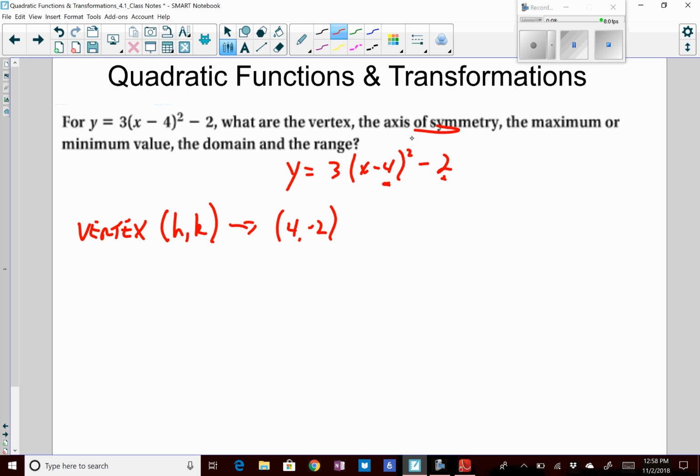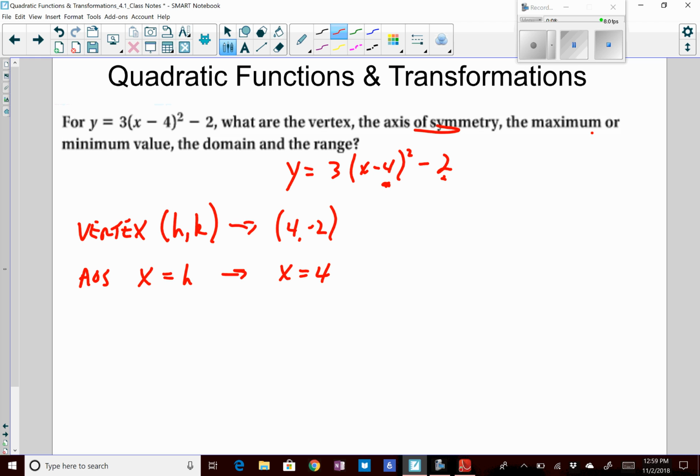For the axis of symmetry, we said the equation is x equals h. Well, in this equation, h is 4. We already identified it as 4, so x equals 4 is the equation for the axis of symmetry.